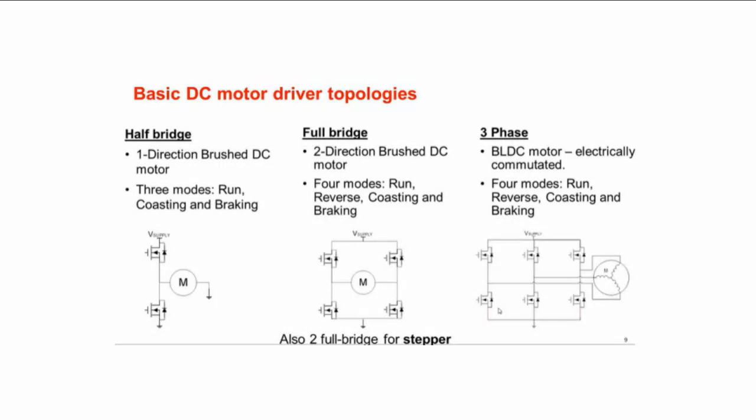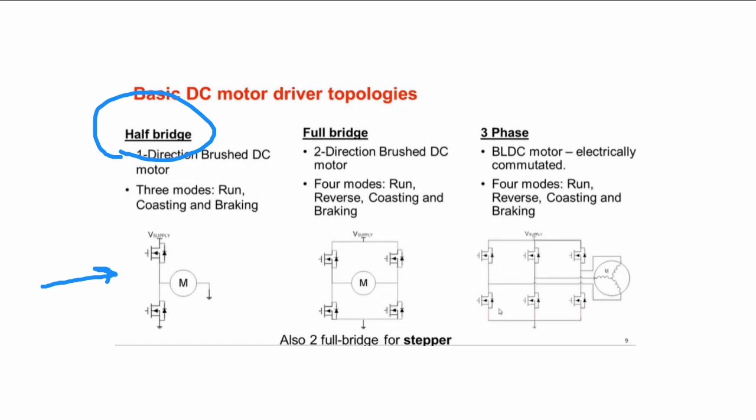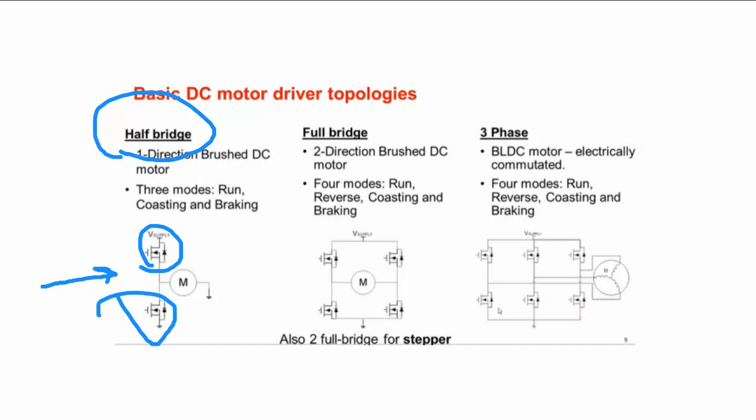If you design a half bridge, you can control a brush DC machine in one direction. Your motor rotates only clockwise or counterclockwise, only one direction, because we are using two switching components. Three modes: run, coasting, and braking.